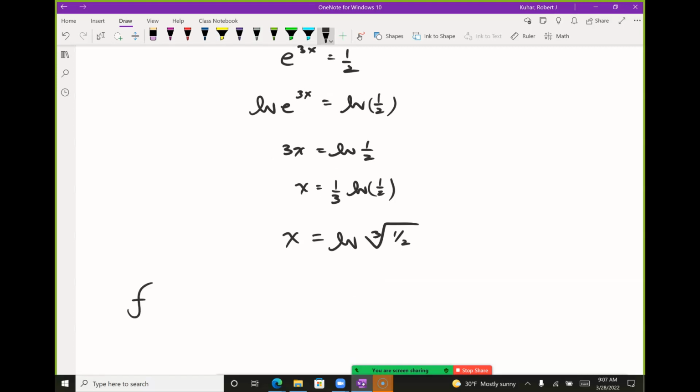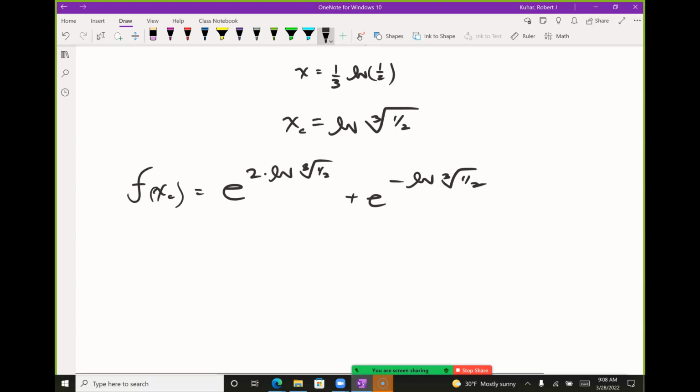So f of x sub c is e to the 2 times that plus e to the minus that. And you can see the e and the ln are going to cancel each other out here, which is kind of nice.